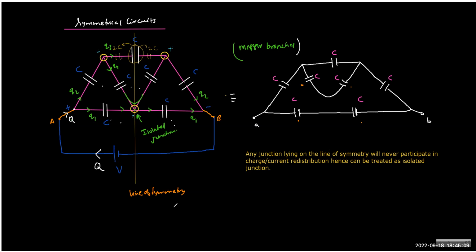The line of symmetry must be drawn so that one of the terminals becomes the image of the other. If we have a line of symmetry which is not the reflection of the terminals, we cannot take that line as a line of symmetry. This is a very, very important concept, and one should not forget about it. Is this clear?